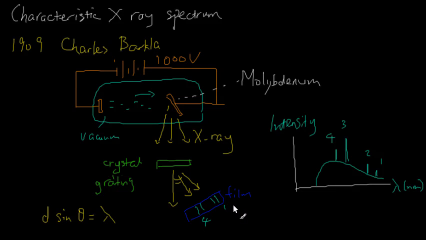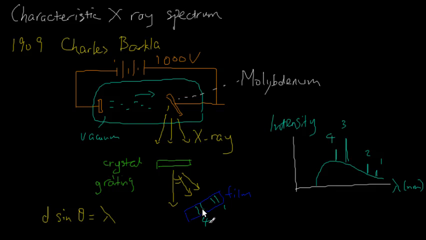And like the line spectrum for hydrogen, the position of the lines are different for different elements. Like sodium would have a different set of lines from hydrogen. So in the same way, Barkla found that if he used a different metal, say instead of molybdenum, copper or iron, he would see lines in different positions.